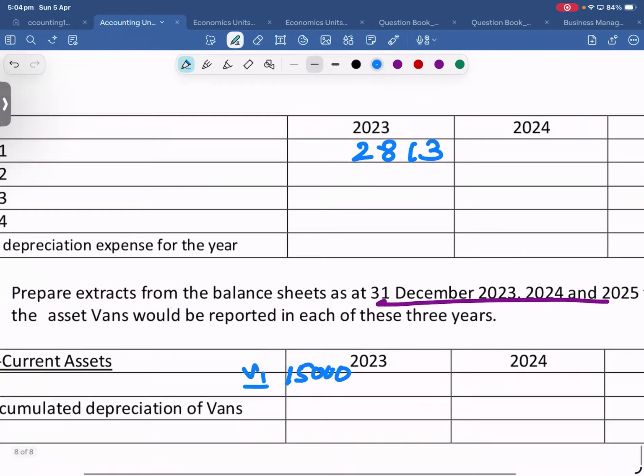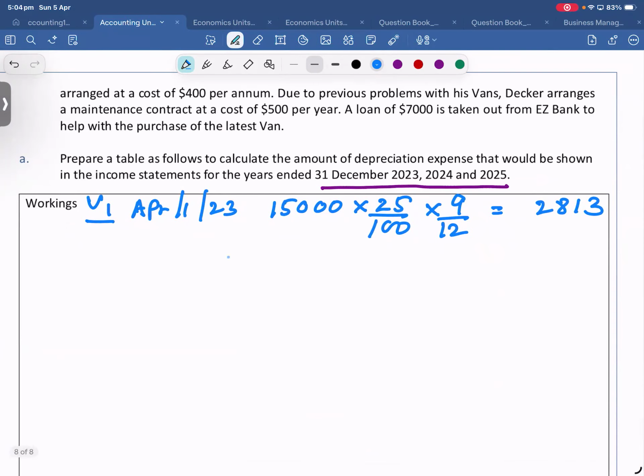Now for the next year, that is 15,000, from January 1st 24 to June 30th 24.